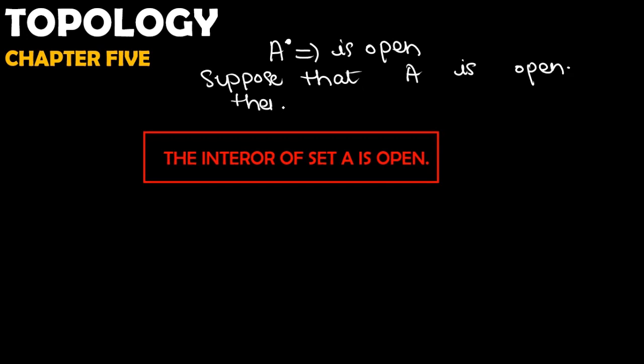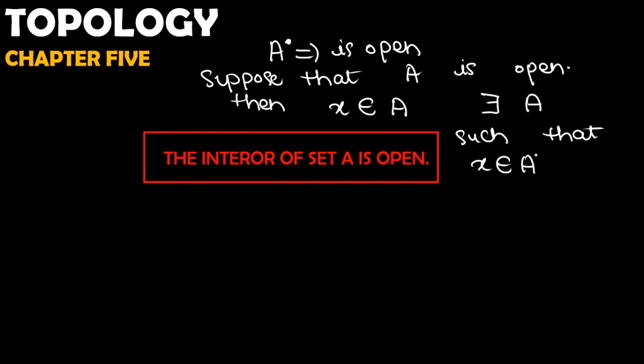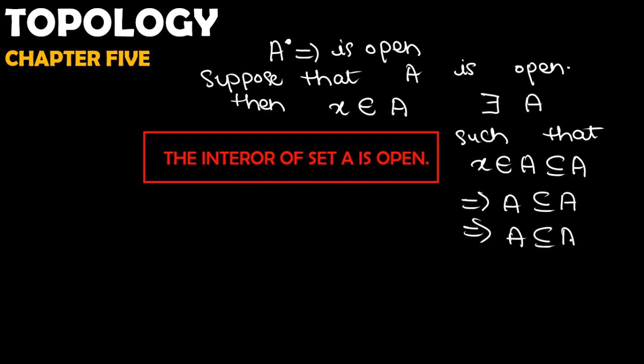Then let X belong to A. Then there exists an open set A such that X belongs to A, and each open set is a subset of itself, so the set A is a subset of A, which implies that A is a subset of A interior.